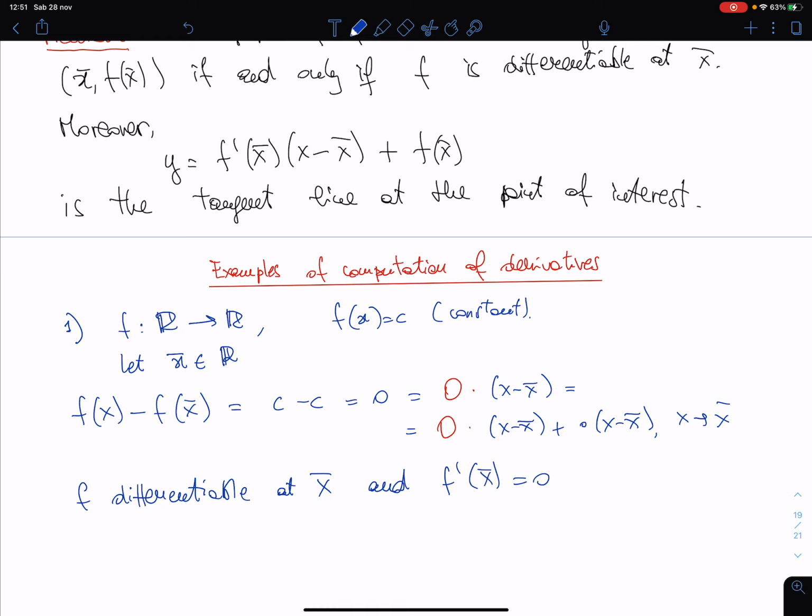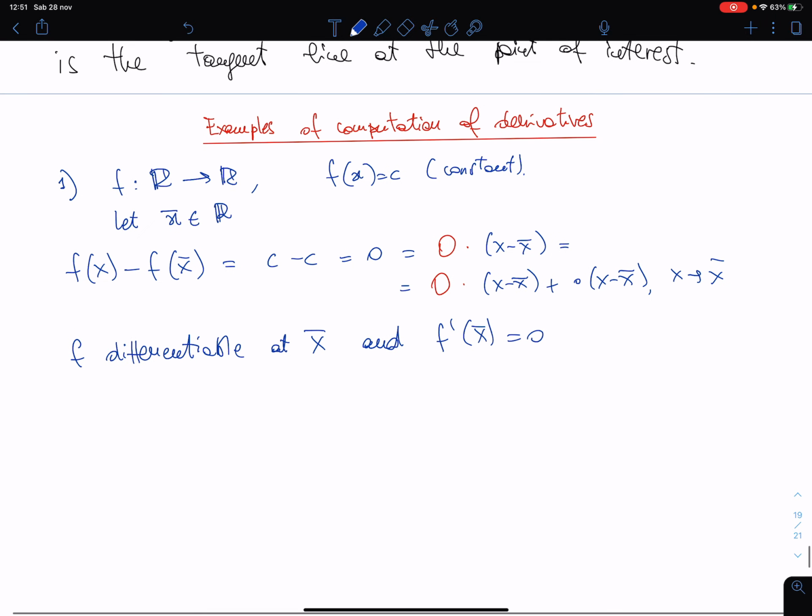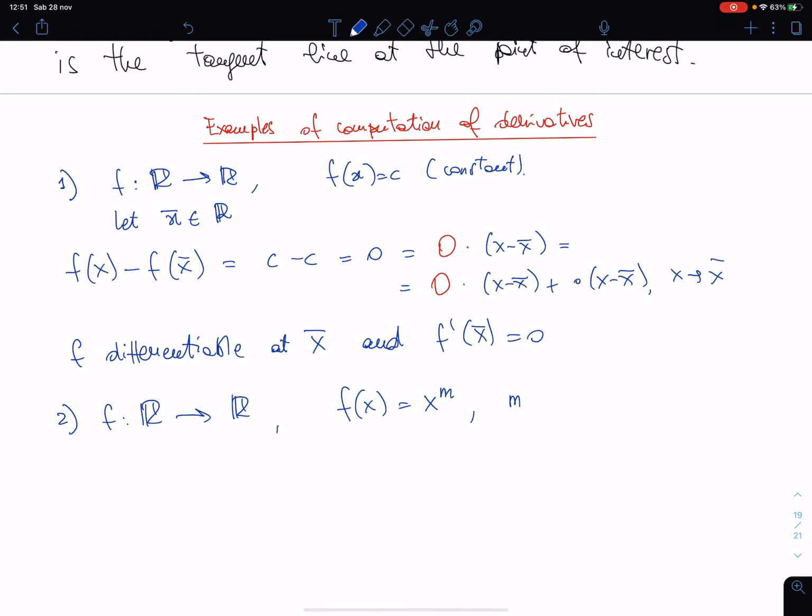Okay? So, second example. Again, f is defined on the whole real line, and f of x is equal to x to the mth power, where m is a natural number, and so we have to differentiate the power. Again we consider x bar as an arbitrary point of the real line.